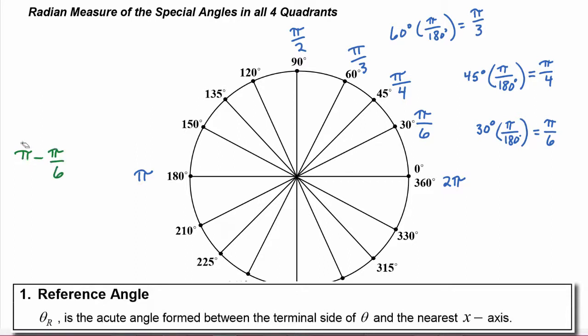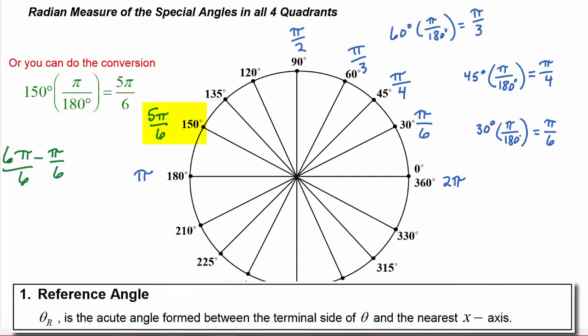Now you know pi is 6 pi over 6, so 6 pi over 6 minus pi over 6 means that 150 degrees is going to be 5 pi over 6. I'm trying to help push you towards a skill you're going to need to be very good at, which is thinking in radian measure to find your reference angles.